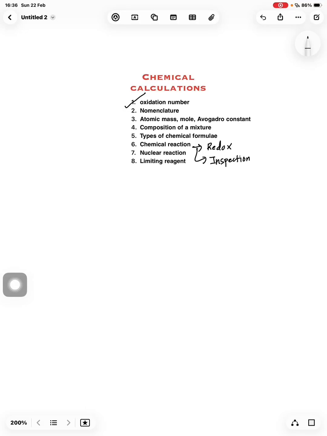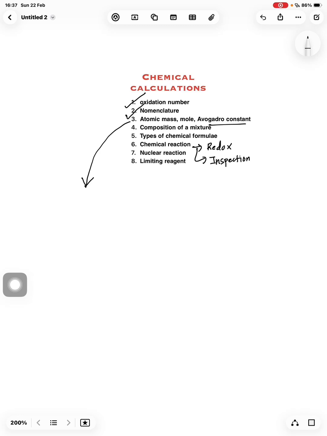We have completed oxidation number, nomenclature. Now, today is all about atomic mass, mole, and Avogadro constant. History is counting atoms, but atoms are too small to count directly, right?